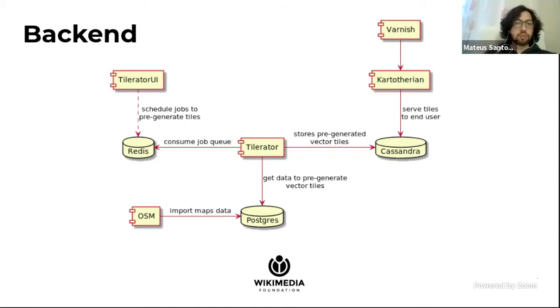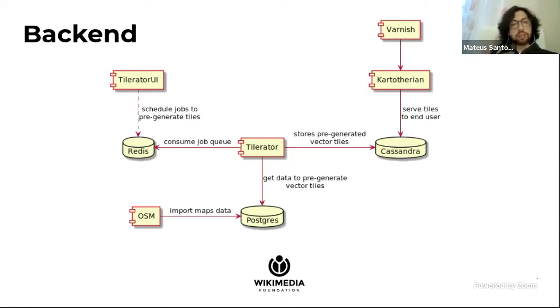It uses Redis to consume a job queue and post jobs to generate different tiles of the planet. Tilerator also has a UI where we can schedule jobs and do maintenance work, or even monitor what is happening with the tile generation jobs.